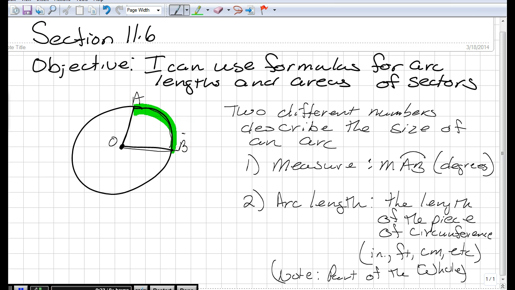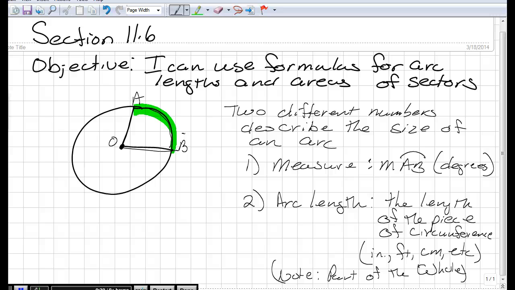And that arc can be described by two different numbers. The first one is the one that we've used in the past, the measure. Measure of arc AB is always in degrees.